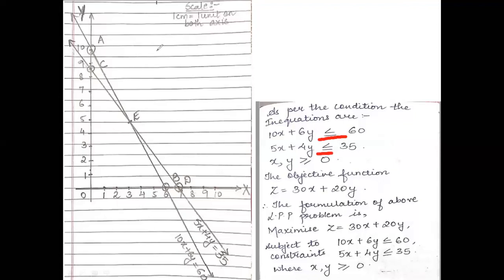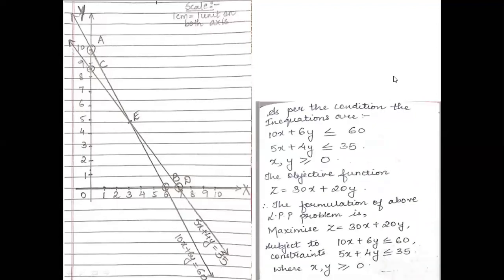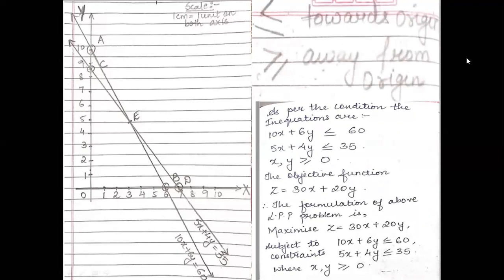So remember class, last year I told you, when the sign represents less than equal to and greater than equal to, what you have to do? Less than equal to means towards the origin, whereas greater than equal to means away from the origin. Coming to the next point class, depending upon the sign, you have to shade the feasible region.